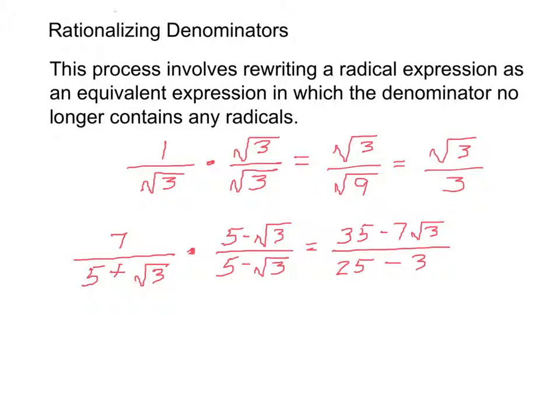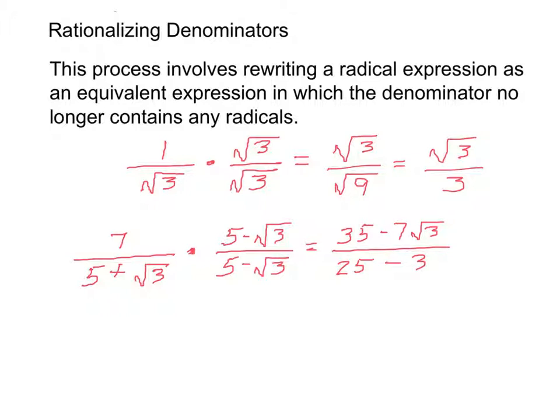The numerator simply becomes 5 minus the square root of 3 times 7, or 35 minus 7 times the square root of 3. The denominator, if we FOIL this, we'll find that the first term is 5 times 5, or 25. The middle two terms are going to cancel. In one case, you're going to get minus 5 times the square root of 3.